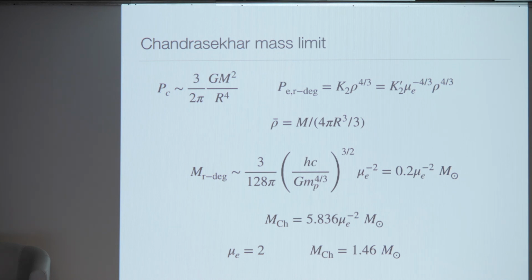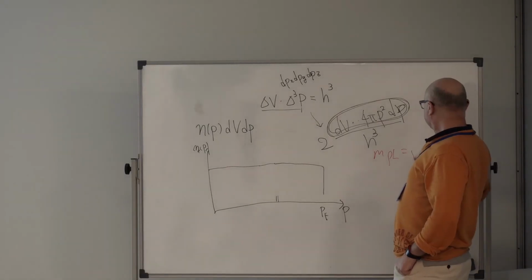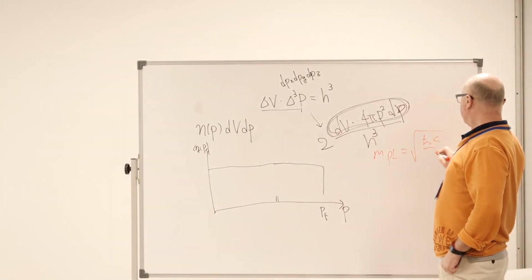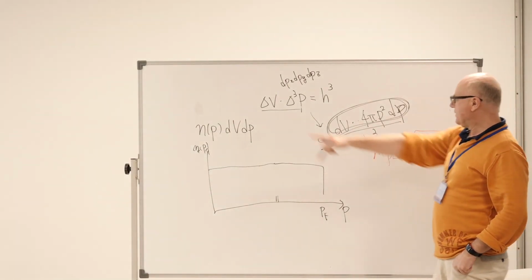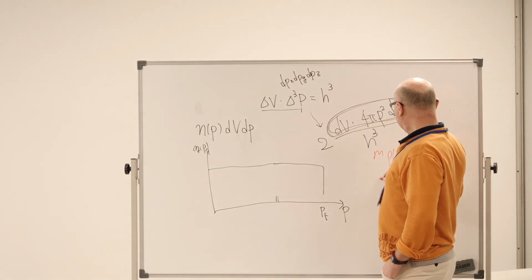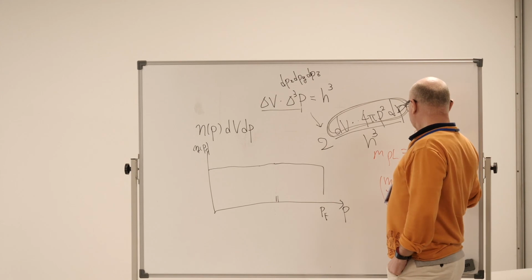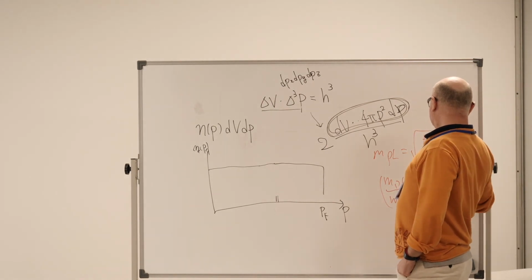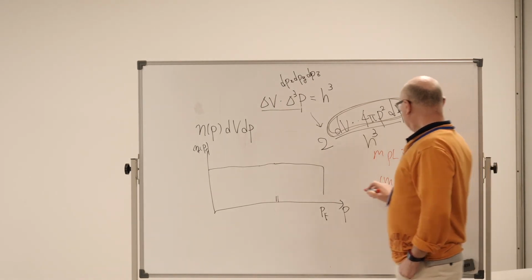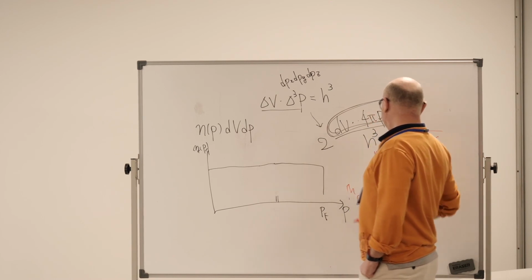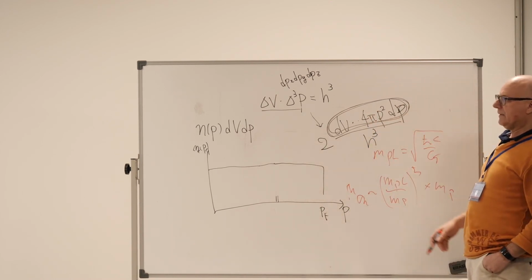The Planckian mass is built from h-bar, c and G. And this is the Chandrasekhar mass, using a coefficient of order 1.